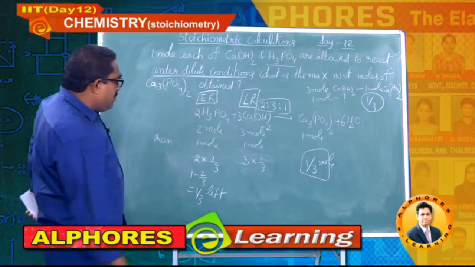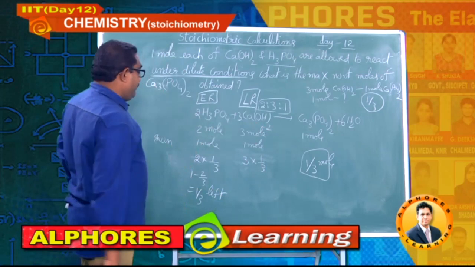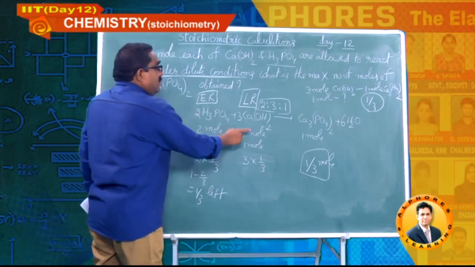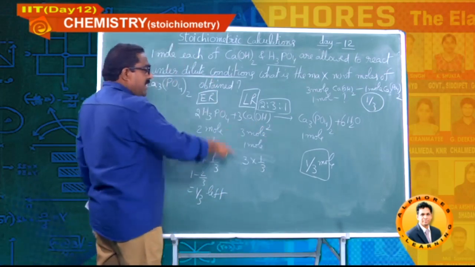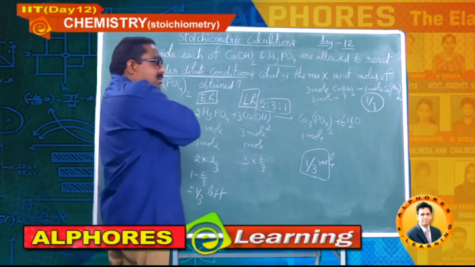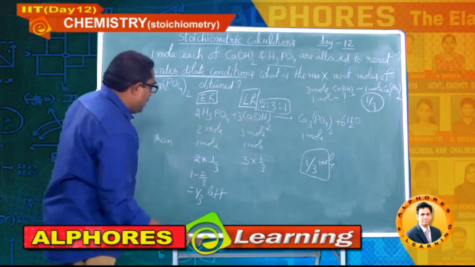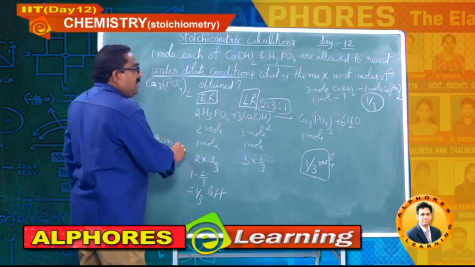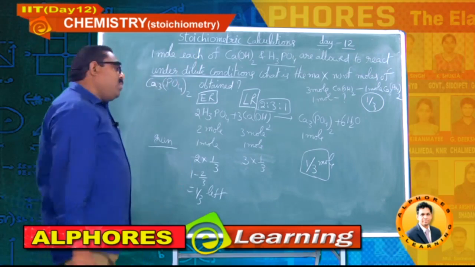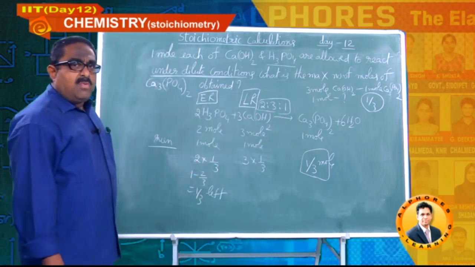Logical approach, please note down. I will repeat once again the explanation. Concentrate. These are the mole ratios. 2 moles should combine only with 3 moles and forms only 1 mole. That you are not supposed to change at any cost. That is fixed. Now, in this particular question, he has given both the things as 1 mole and 1 mole only.